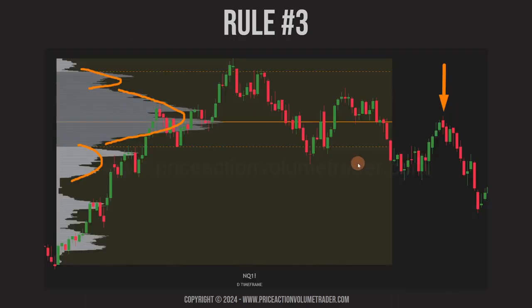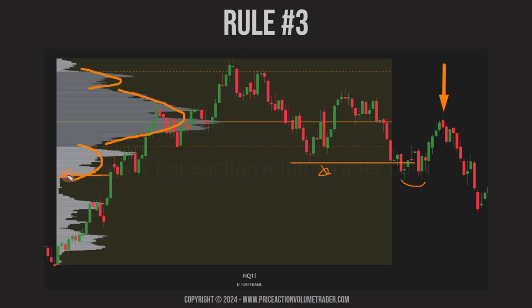Okay, and so here, this is a volume profile example in the NASDAQ on the daily time frame. This volume profile, I have it from here over to here, and you can see we have a big value area right here, and then we had some smaller and larger high volume nodes, and you can see how right here we broke market structure to the downside because we closed down below here.